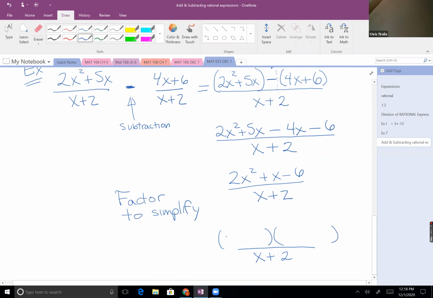To get 2x squared, it'll be 2x times x. My signs are different. One's a plus, one's a minus. In order to get 6, well, that -6 could be 1 times 6 or 2 times 3. And I need different signs.